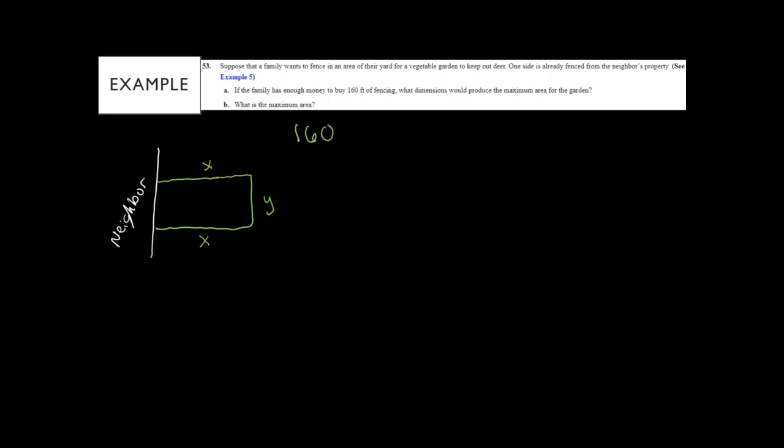So 160 is going to be X plus Y plus X. So we can simplify this as 2X plus Y. So that gives us one equation. And that's coming from the perimeter and the dimensions there. We don't know what X and Y are, but that's what the perimeter is giving us. So we just label perimeter.